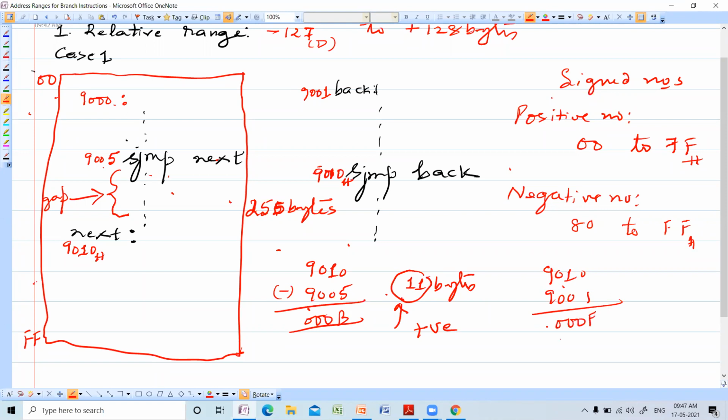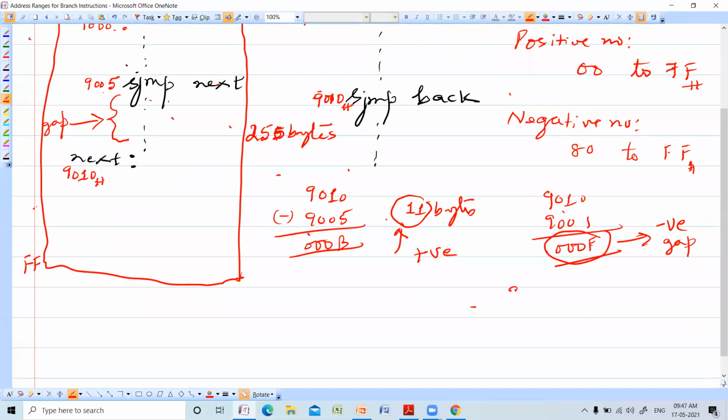This is F. But very interestingly, this F would be taken as a negative gap, because you are jumping back. So actually it computes 9001 minus 9000. It would be minus 0F. What is minus 0F? Very interesting.